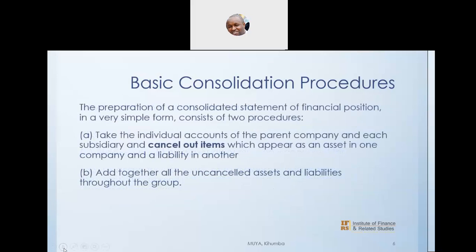In this video, we are looking at how we prepare the consolidated statement of financial position. And its preparation is very basic. Two steps basically. The first one is to cancel out items which appear as an asset in one company and a liability in the other. And most of these will be intra-company items or intra-group items. And then we add together everything else that will remain uncancelled.